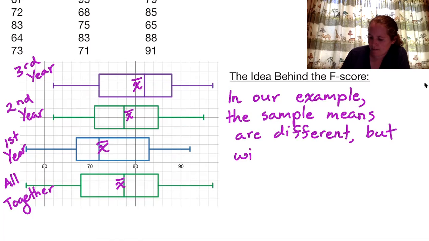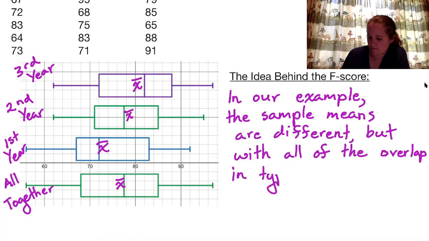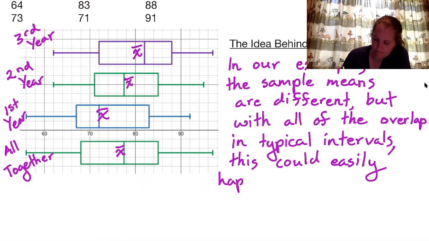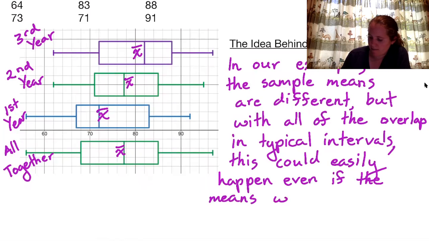But with all of the overlap, in typical intervals, this could easily happen with the means all being the same. So even if the means were the same.